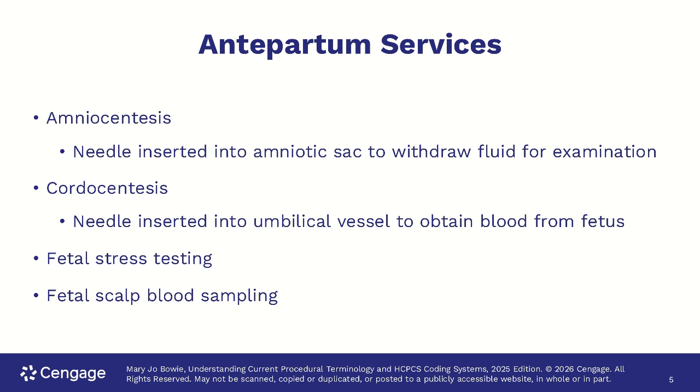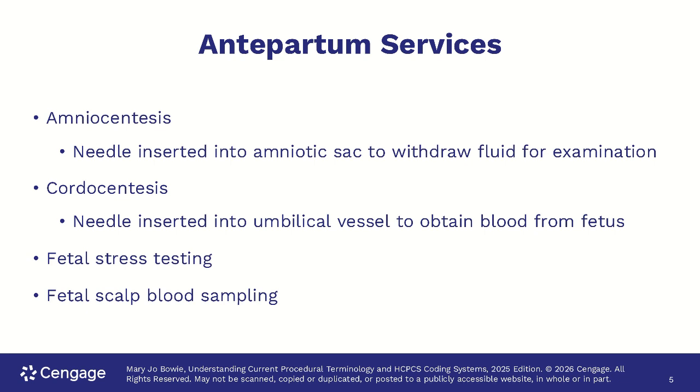So, when we talk about antepartum services, these are just things that a patient could have depending on their own history, status, and the care that has been arranged by their physician. An amniocentesis is where a needle is inserted into the amniotic fluid to withdraw fluid for examination.